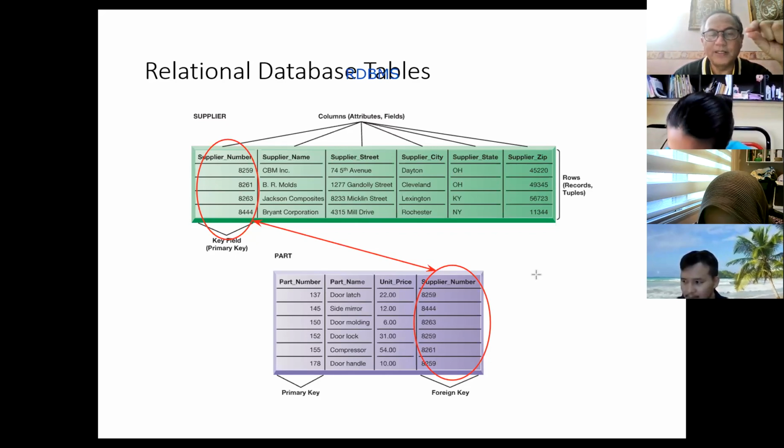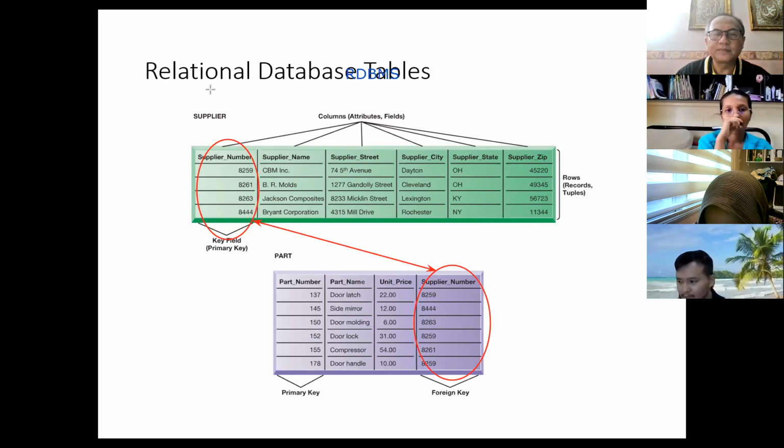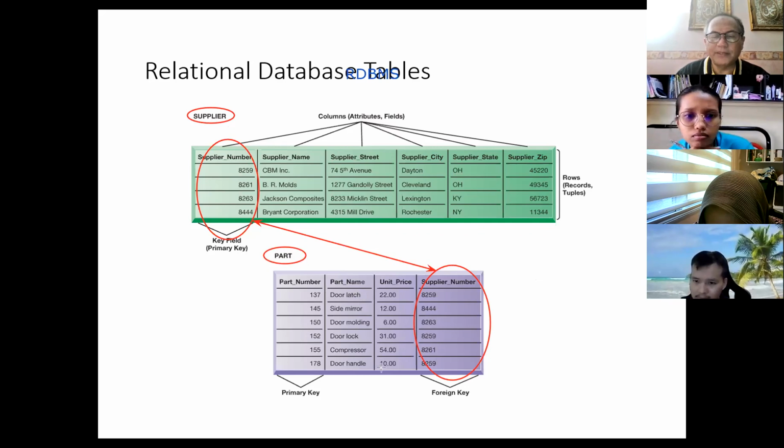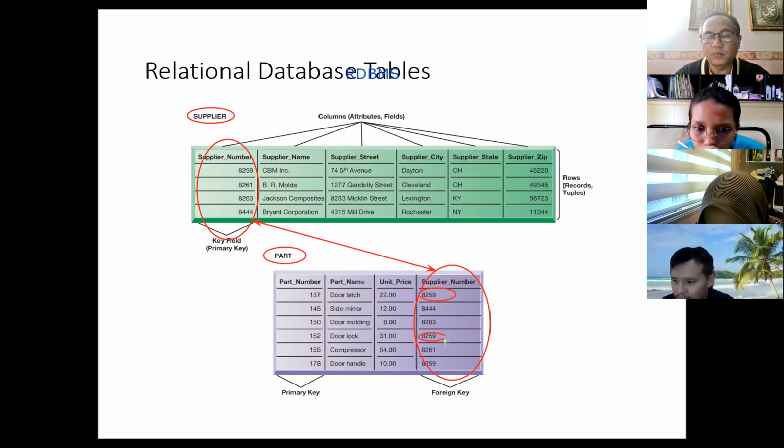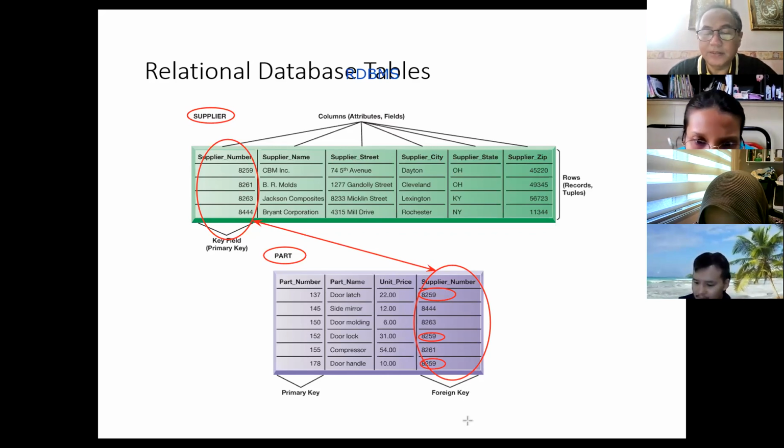This is the table for supplier. When the primary key is placed in another table, for example the table for part, the primary key becomes a foreign key, because there can be more than one similar key in the foreign key column since it is no longer unique there.